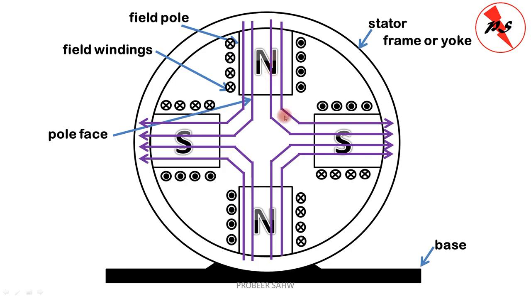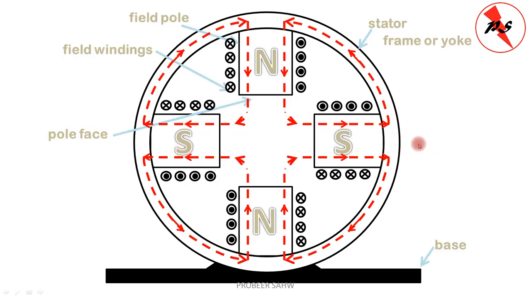So the field lines originate from the north pole, go to the south pole, and through this frame or yoke go back to the north pole, somewhat like this. So it forms a circular path.